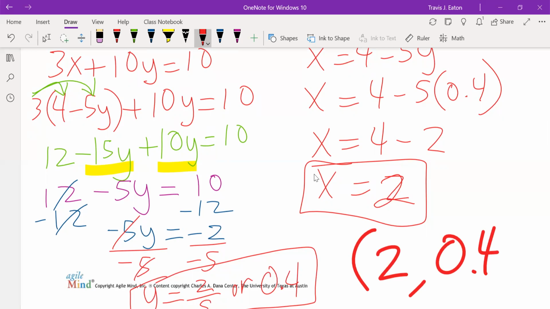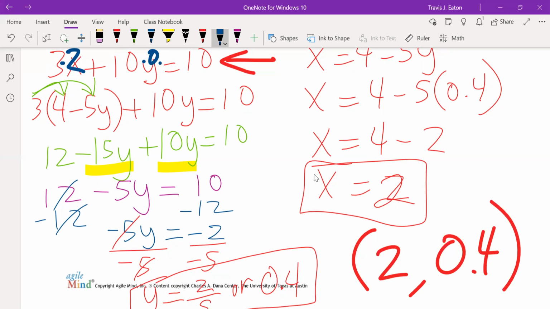Now, if we want to make sure that that is correct, we would go back and substitute those back in. And I'm a little worried about that decimal because I want to make sure that it's right. So I'm going to go back to my original equation here, this one, and make sure that I'm not doing that one wrong. 3 times 2 is 6, and 10 times 0.4.